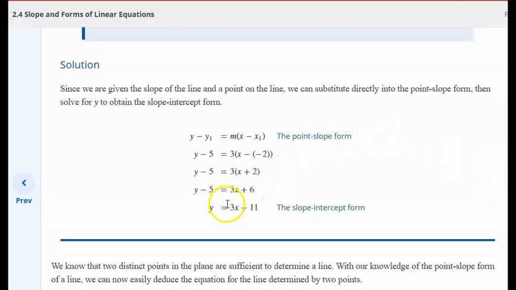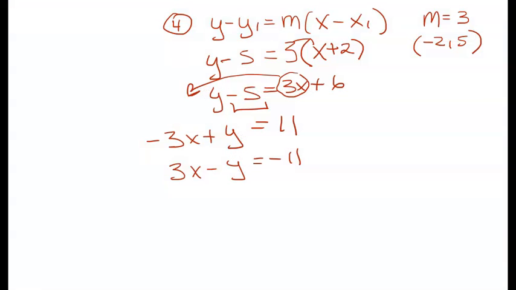And they put it in slope-intercept form. Okay, we didn't do that. We put it in standard form. I guess I misread that. Let's put it in slope-intercept form and go back to the whiteboard.